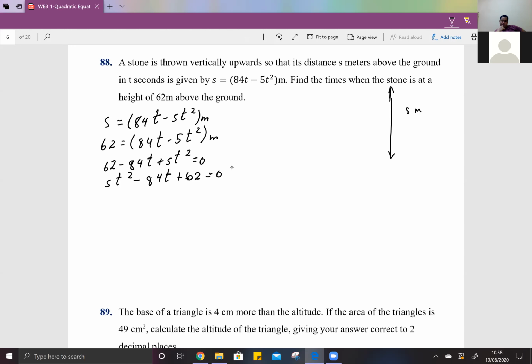Should I use the quadratic formula? Yes. Okay.